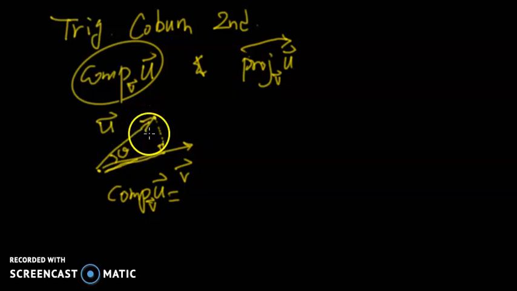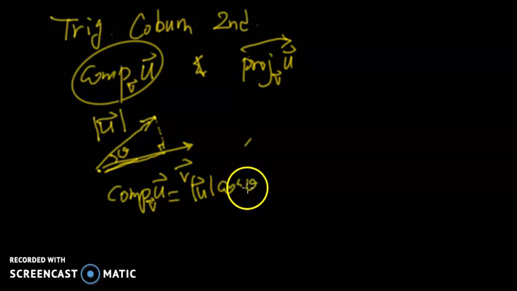Right triangle hypotenuse length is absolute value of U vector. So hypotenuse, U vector size, times cosine of theta will be component of U vector along V vector.